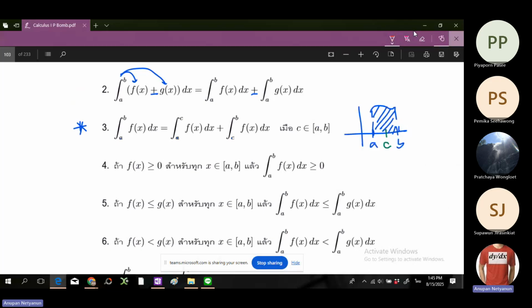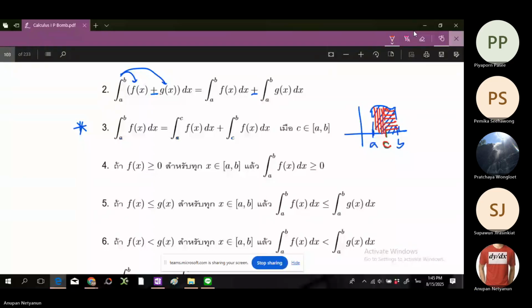Let me use the red color. From A to C, it's a definite integral, so it should be the area under the graph from A to C. So what you get is here. And you add the definite integral from C to B of f(x) dx, so you get the area from C to B under the graph, which is this area. And you can see that the two red areas sum up to equal the blue area on the left-hand side.